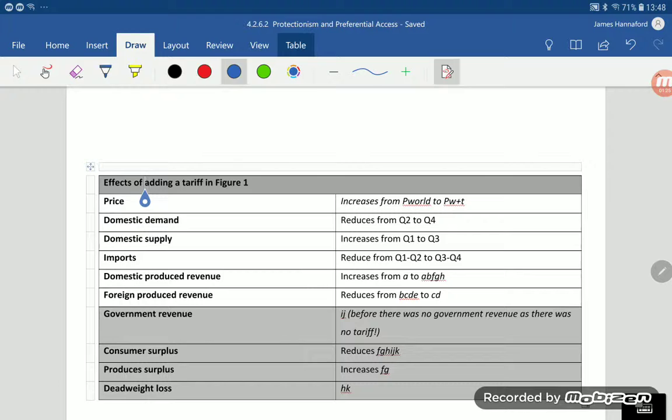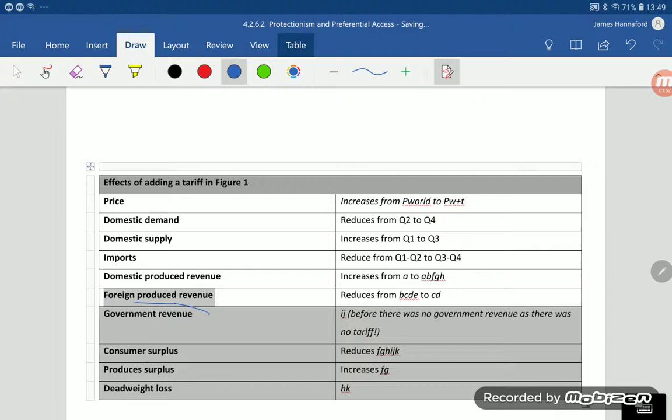So, having seen the diagram, I've mentioned a lot of letters and numbers and equilibriums. I've summarised this in the table here. The most important things to note are as follows. The domestic producer is now better off. That's the first thing to note. The foreign producer is now worse off.